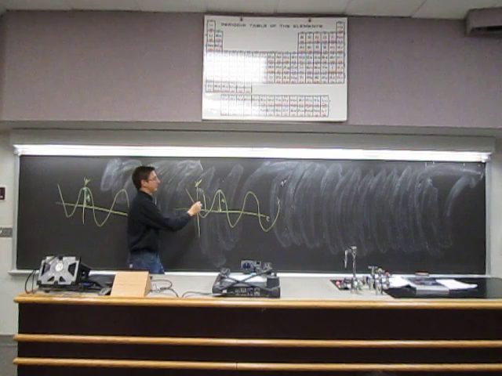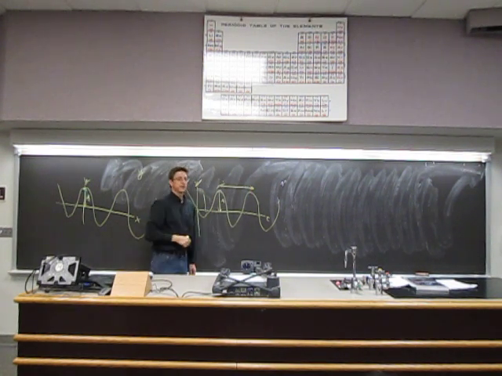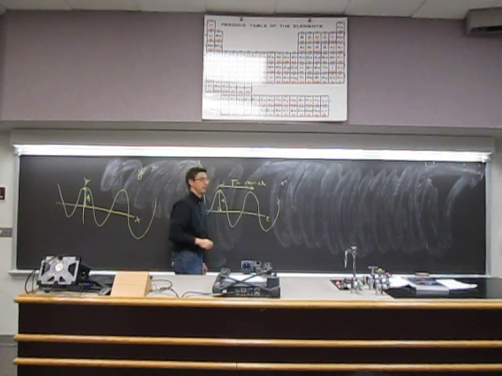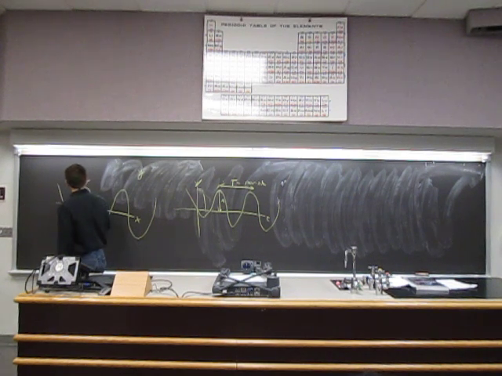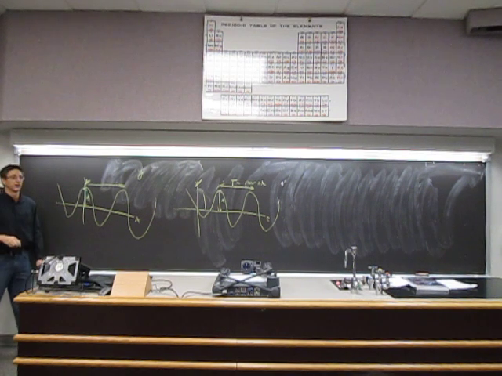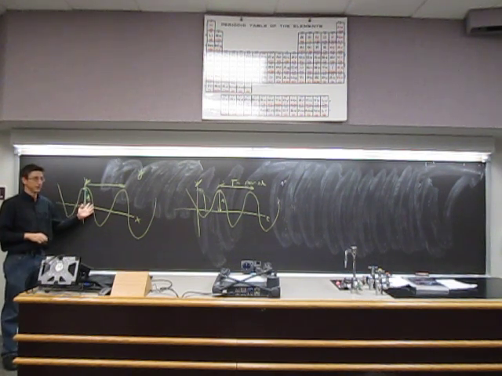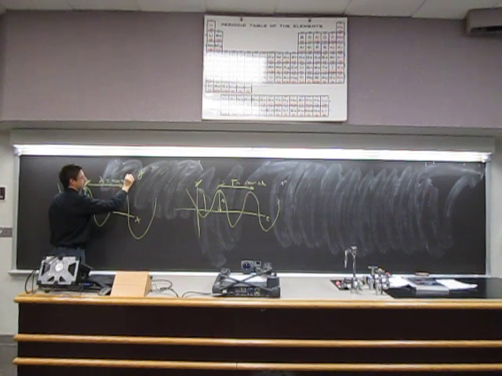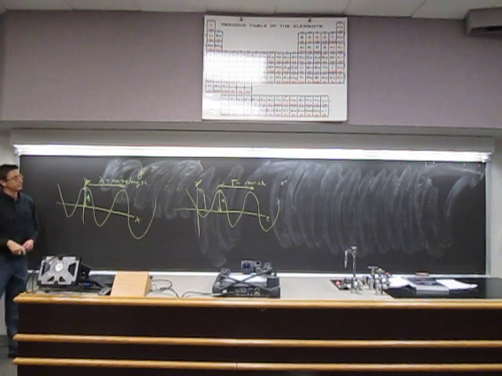In time, the time it takes between two peaks is called the period of the wave. And over here, the distance between two peaks, if I took a snapshot in space, so at a single time, this is called the what? The wavelength. Good.